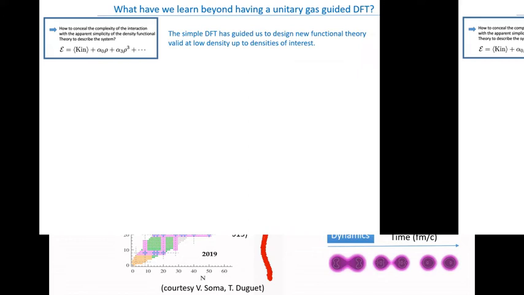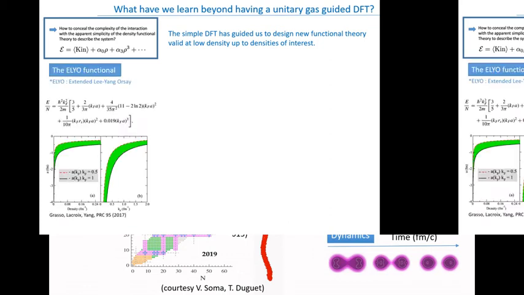Yeah. So in practice, it's not enough to understand one term. So what we did is that since we knew this type of DFT with the shape of the DFT, we proposed several DFTs, based on different arguments. One of the DFTs we proposed was the extended Lee Yang Orsay, where we basically took a density-dependent coefficient, which looked very much like the one we have proposed.